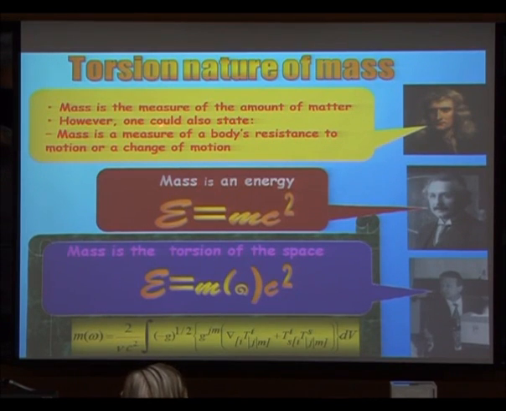However, one could also state mass is the measure of a body's resistance to a change of motion. Einstein said that mass is energy, and I say mass is the torsion of the space. It means that if no torsion, if no rotation, there is no mass.